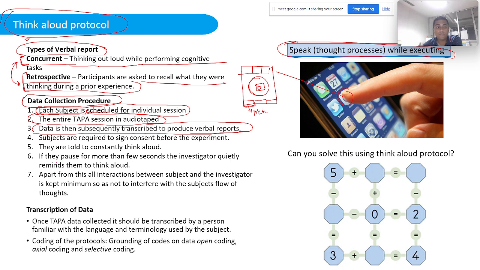In those cases, as an investigator, you need to quietly remind the user to think aloud, to speak aloud while performing the task. Apart from that, all communication between the subject and investigator is limited, and we keep it minimum so that the user does not lose his mental flow of thoughts and does not get deviated from his thought process.